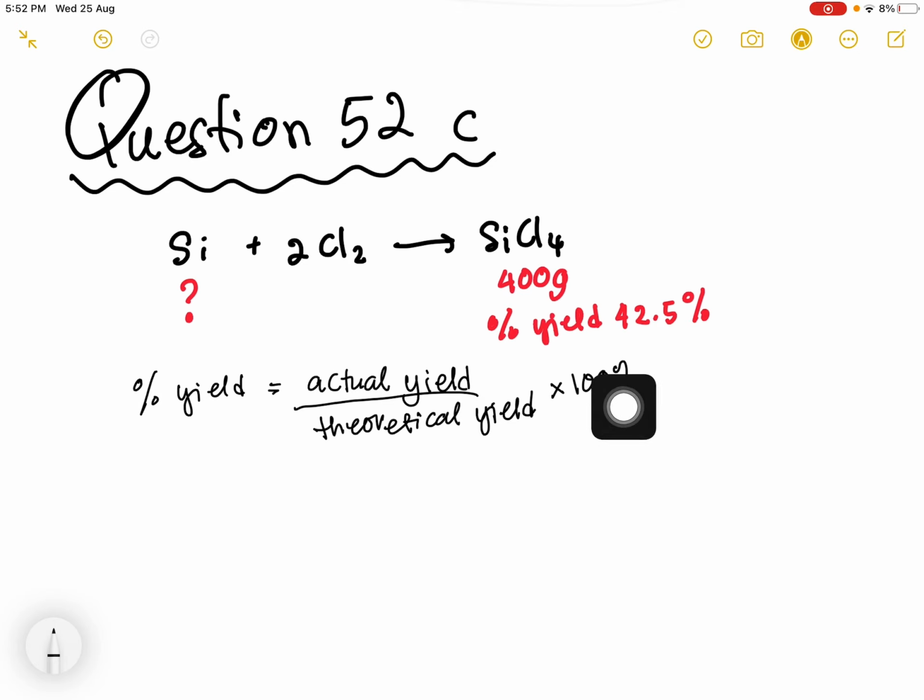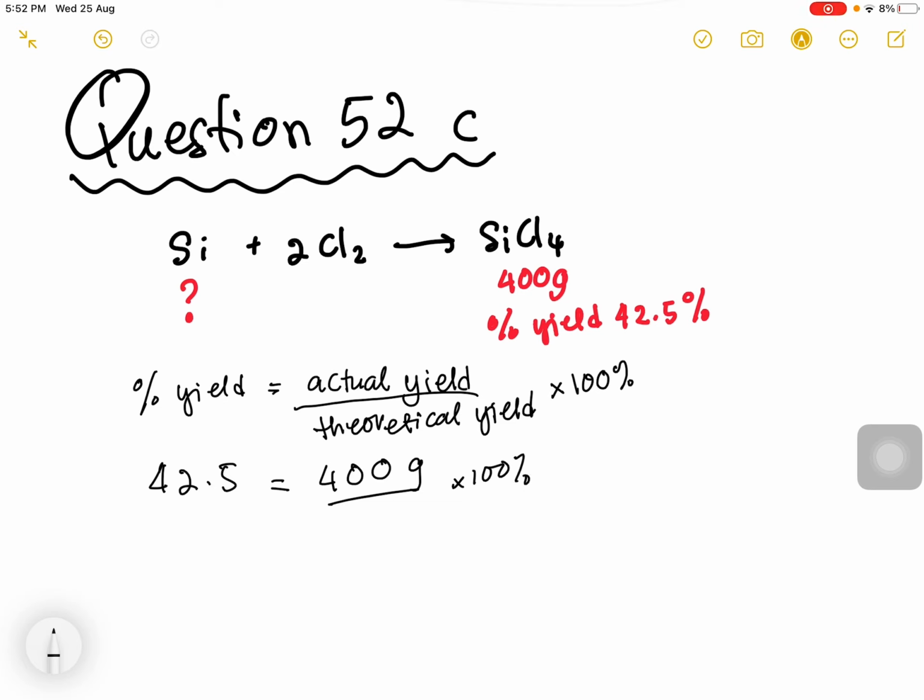Right, so percentage yield is equal to the actual yield divided by the theoretical yield times 100%. Our percentage yield is 42.5%. It's equal to the actual 400 gram over the unknown mass, times 100%.